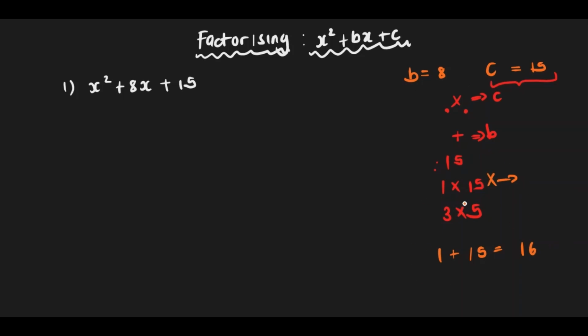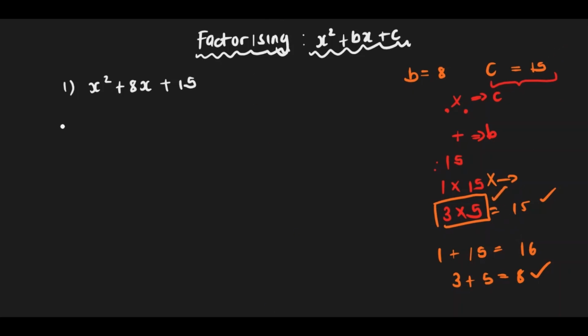Then we take the other one, 3 plus 5, and we get 8. So when we multiply the two factors, we get 15, and when we add them together, we get 8. These are the factors we're going to use to factorize. So this one is the correct one.